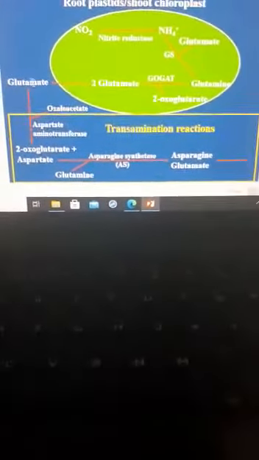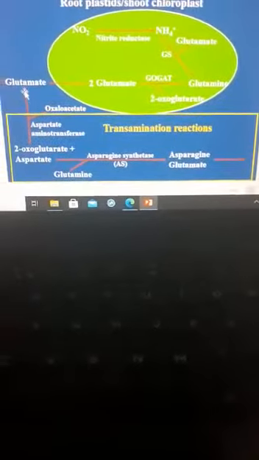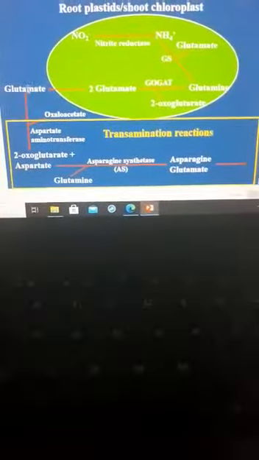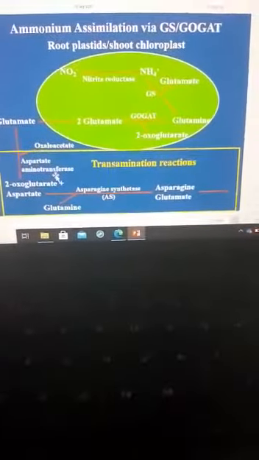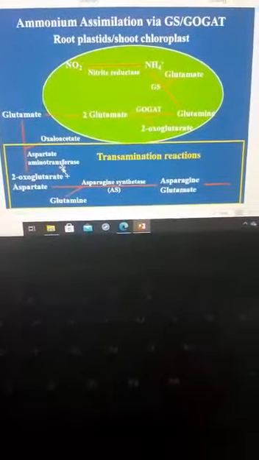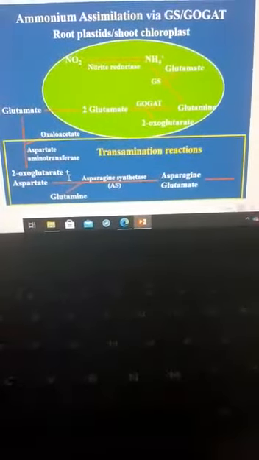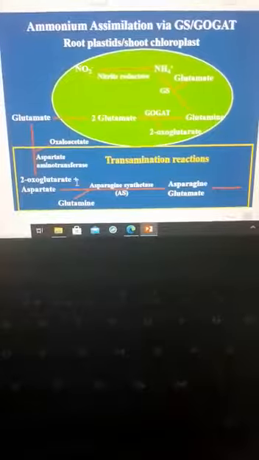Some of this nitrogen can be transferred from this glutamic acid and be incorporated into nucleic acids and other nitrogenous compounds. So you can see clearly what the nitrogen that has been absorbed by the plant is used for.